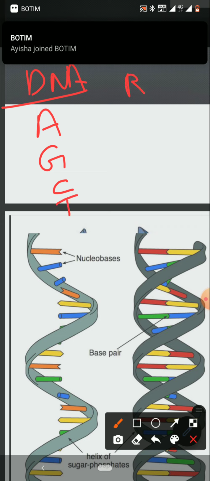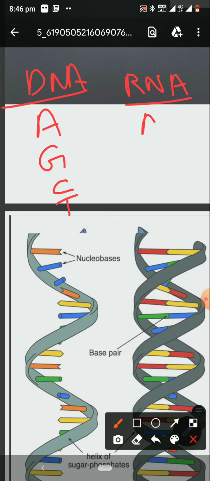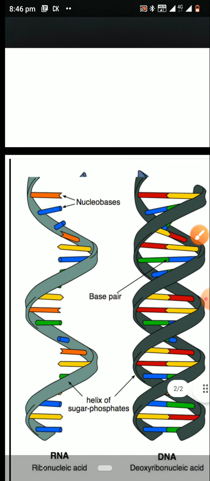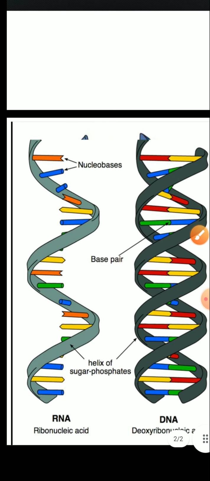Whereas in RNA, the bases are adenine, guanine, cytosine and uracil. So it is important to note that in RNA, uracil replaces thymine. So that's the difference in nitrogen bases.